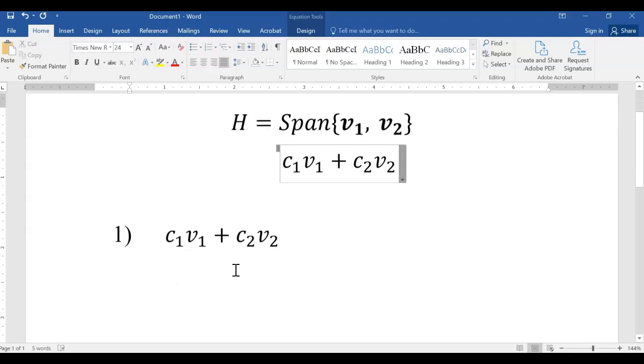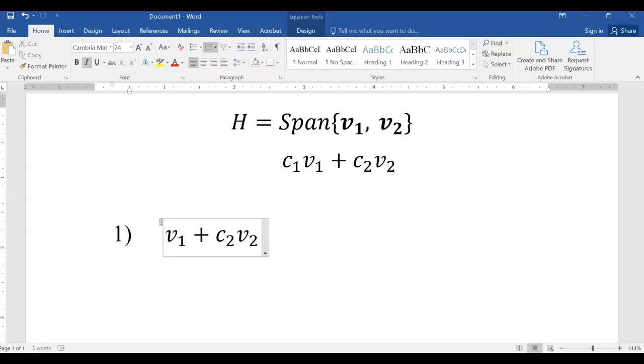We're asking ourselves, well, is there a way to get a 0 vector? And it's pretty obvious that if we let the first coefficient be 0 and the second coefficient be 0, then when we do a linear combination of 0 times v1 plus 0 times v2, we get out the 0 vector.